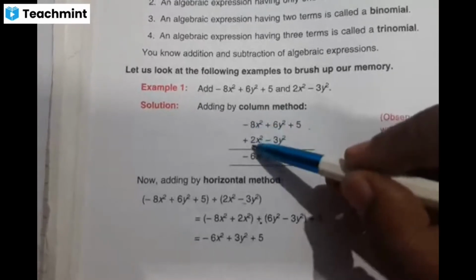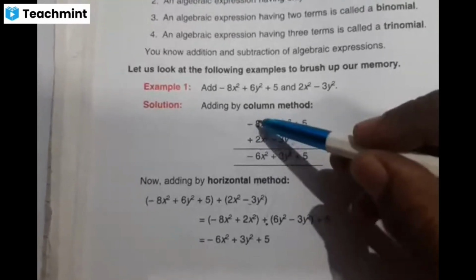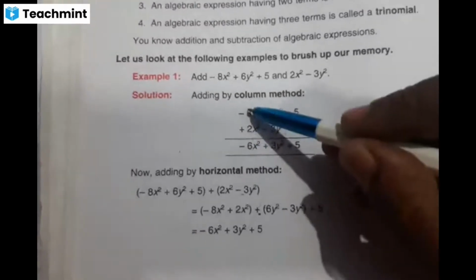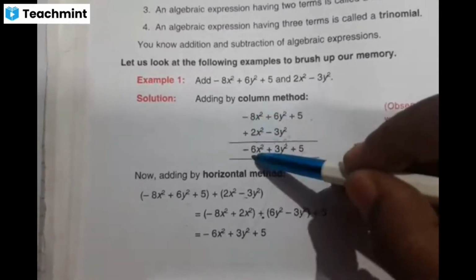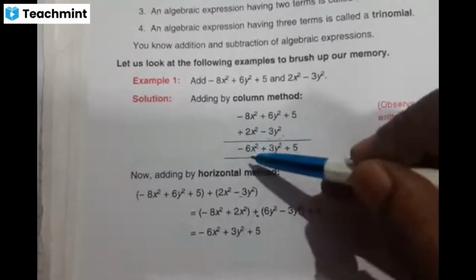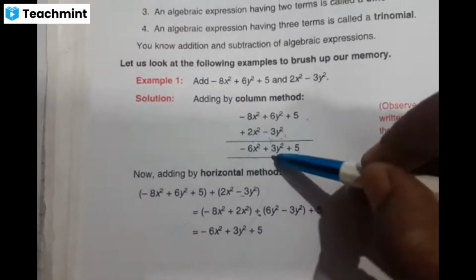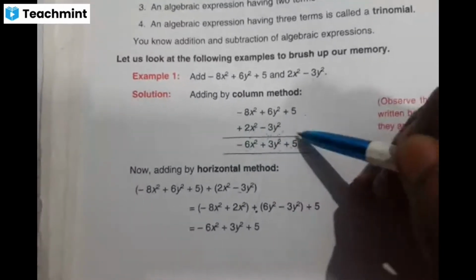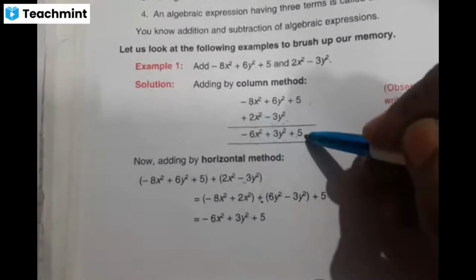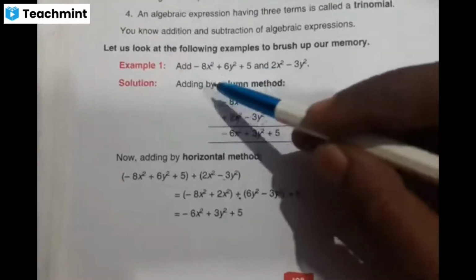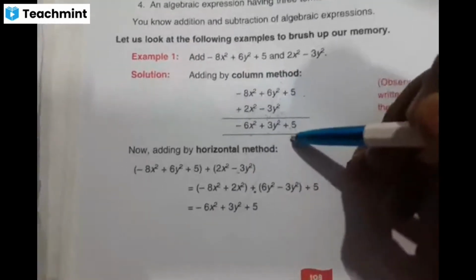One is minus, one is plus. We are going to subtract. 8 minus 2 is 6. The bigger number's sign is minus. So the answer you get is minus 6x square plus 3y square plus 5. This is the algebraic expression we have got by addition using the column method.